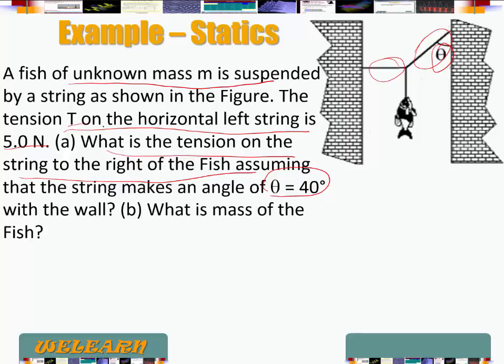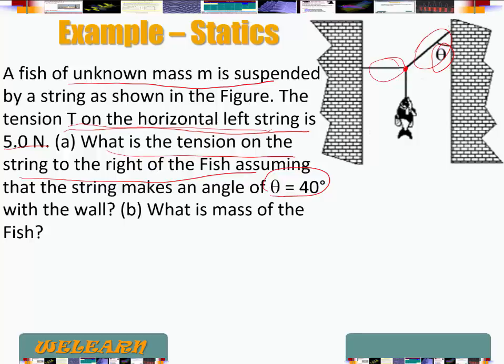Since we are given a tension T to the left and we are asked for a tension T to the right, it makes sense to choose a point that's common to all these tensions, which would be this point here, where all 3 strings meet.